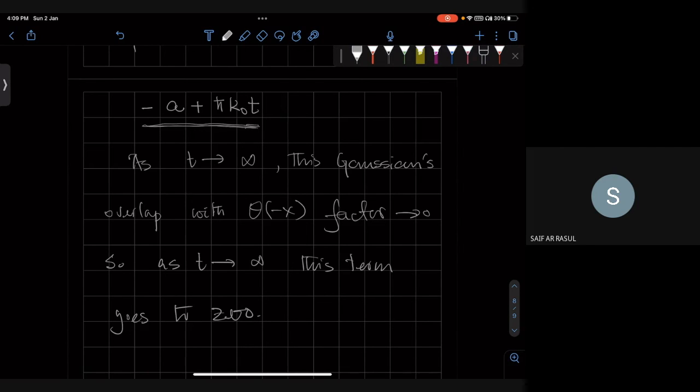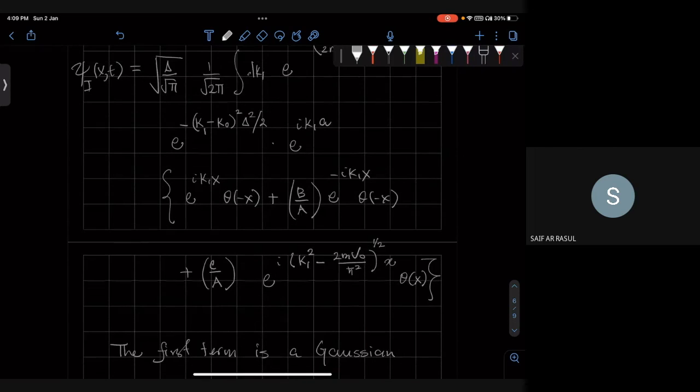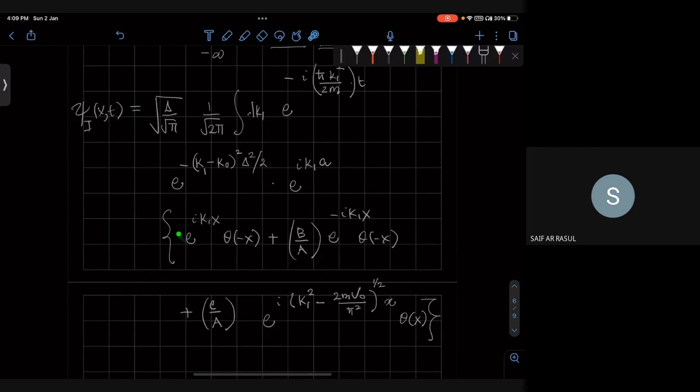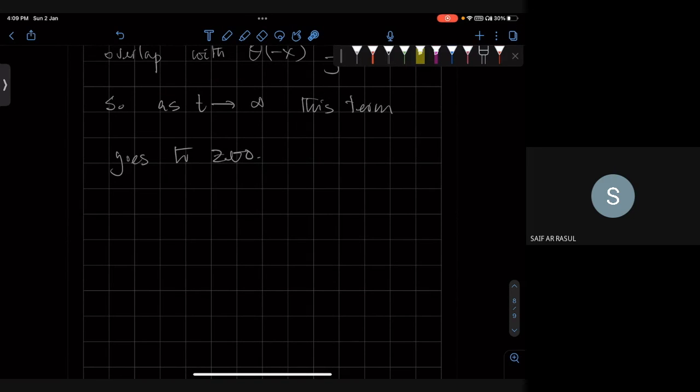Okay, so this term was the incident term, right? This was the incident wave factor, this was the incident wave. So this means that as t goes to infinity, at large time, the initial wave packet vanishes. Well, that's exactly what we expected, because we would expect the initial wave packet to become separated into a reflected wave packet and a transmitted wave packet, right?